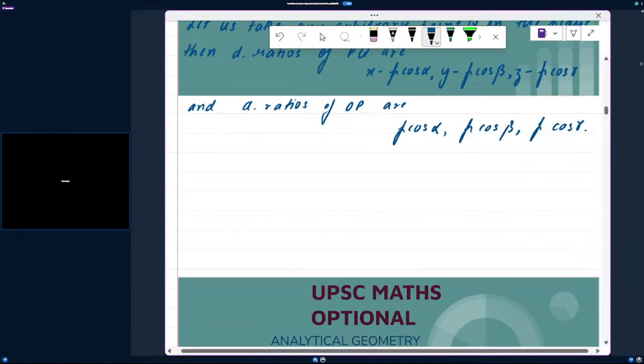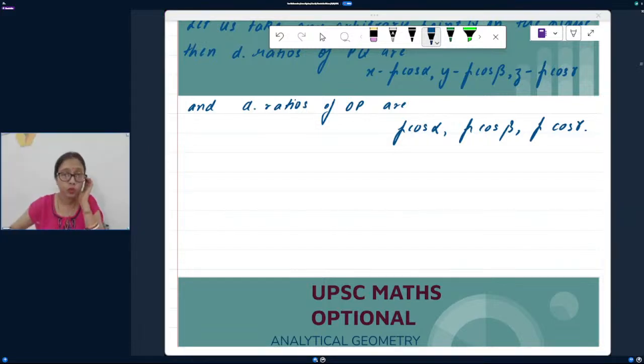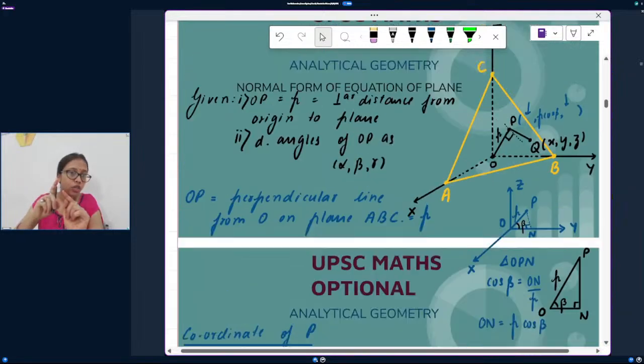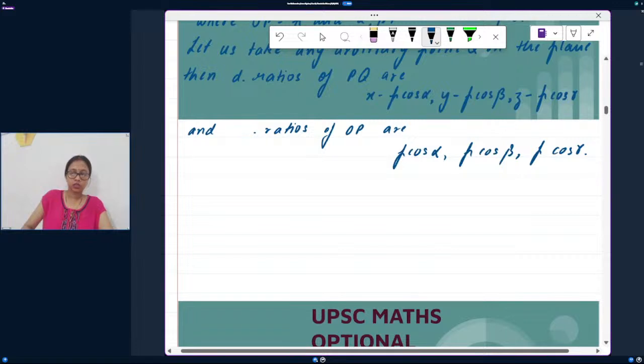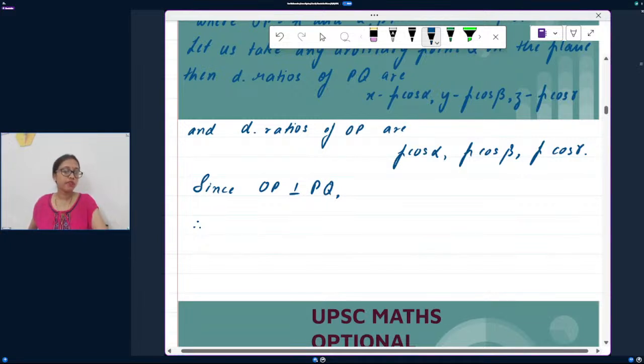I have calculated the direction ratios of these two lines because I know the angle between them. OP is perpendicular to the plane. That means it is perpendicular to every line on the plane, so it is perpendicular to PQ also, since PQ is a line on the plane. Since OP is perpendicular to PQ, therefore, with these direction ratios, a1a2 plus b1b2 plus c1c2 will be 0.